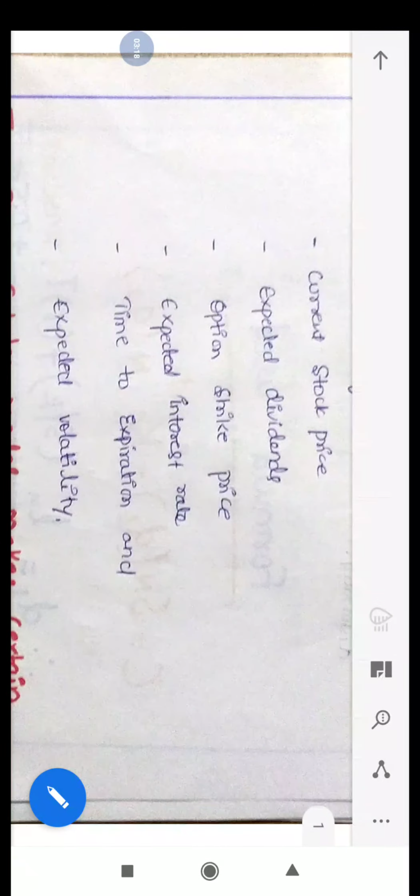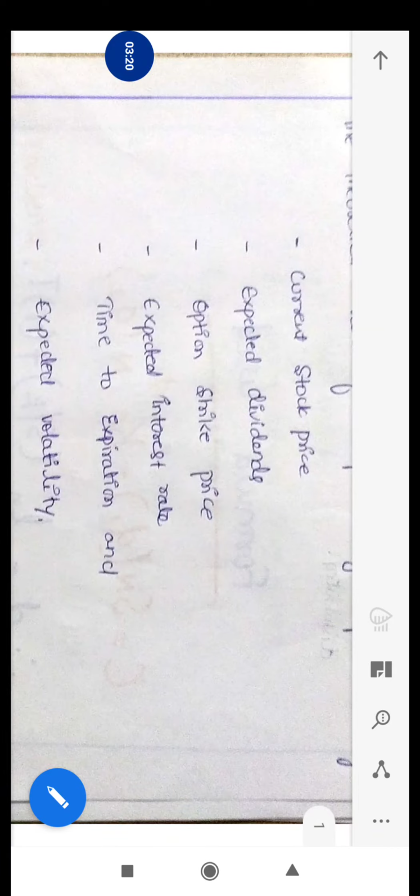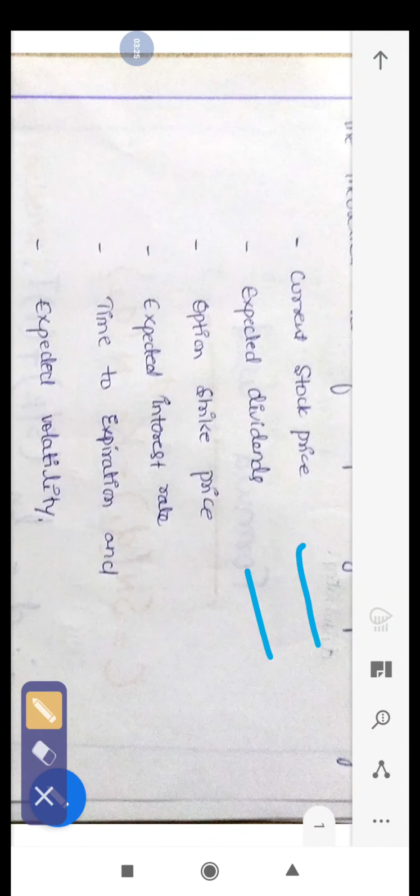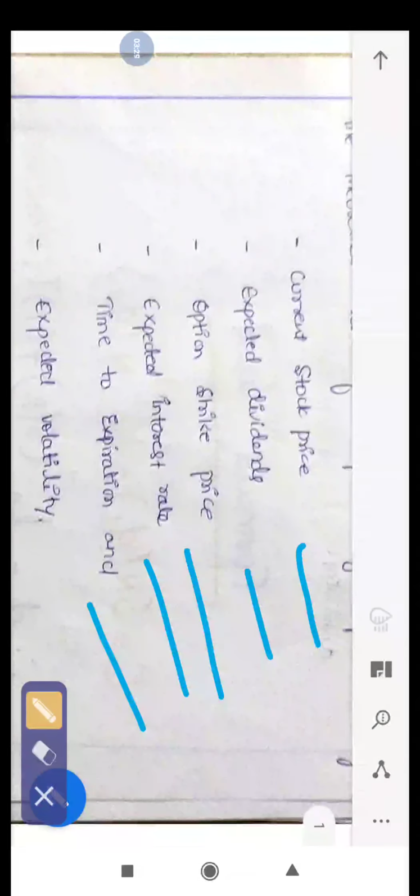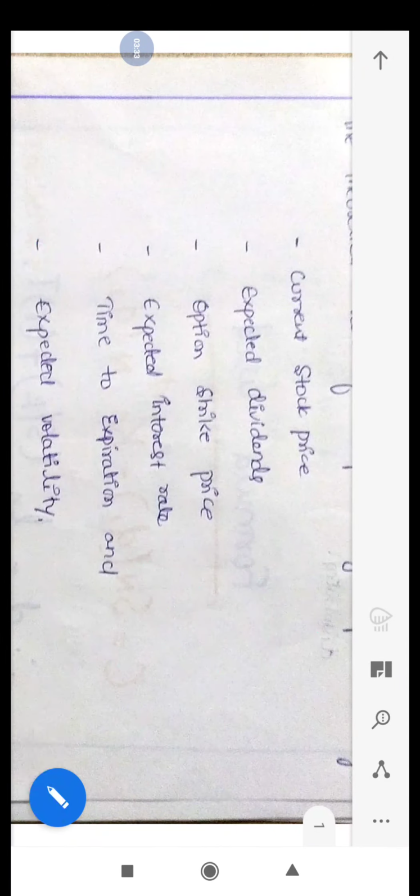This BSM will calculate the value of the option price with the help of the following factors: the stock price, expected returns, option strike price, interest rates, time duration, expiry date and volatility. This is standard deviation.